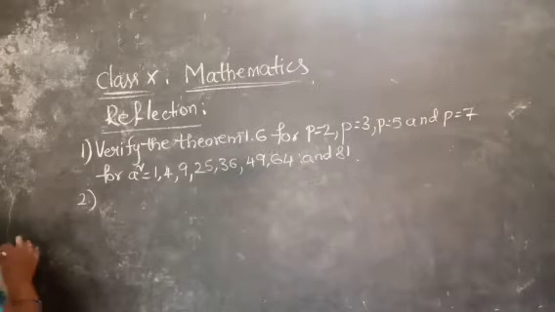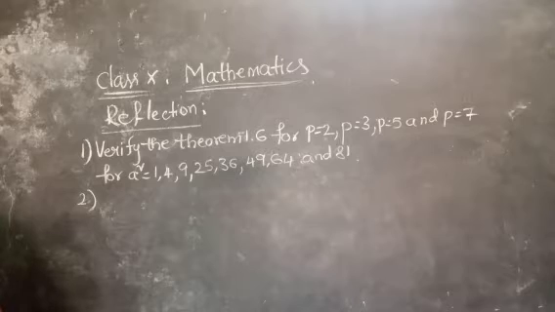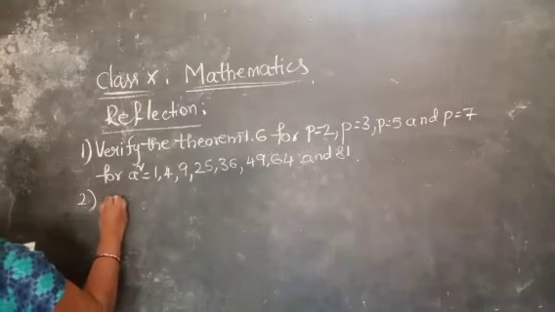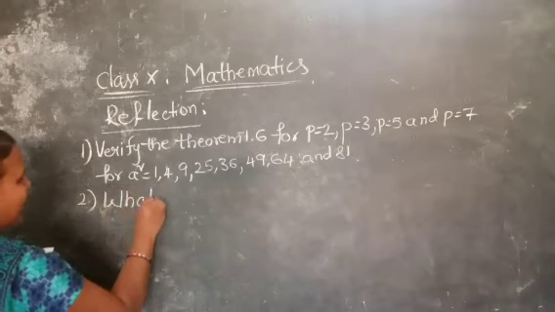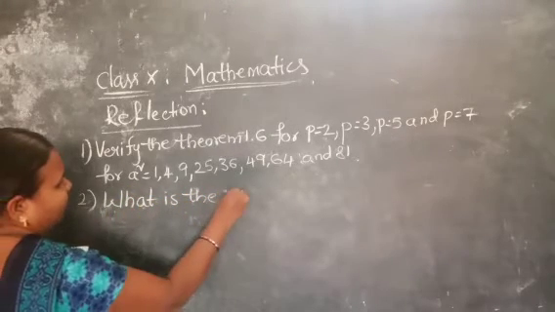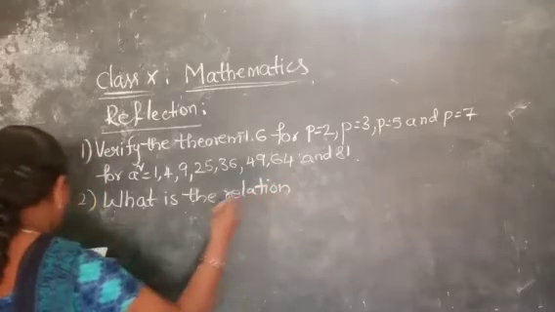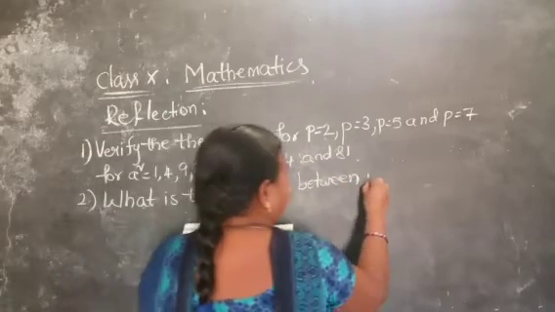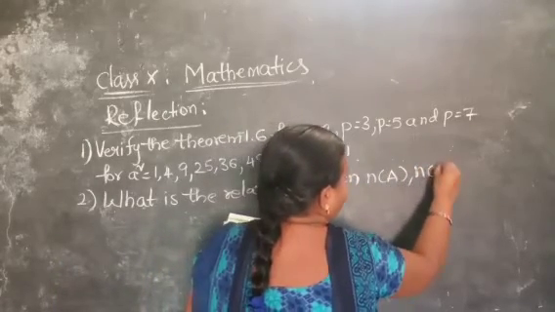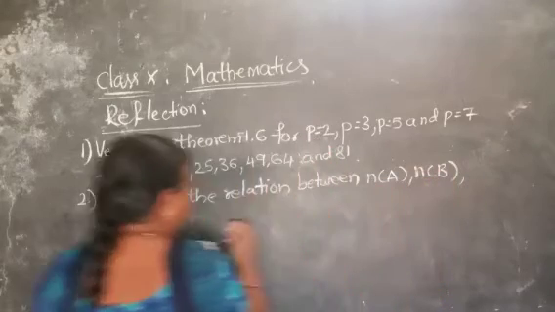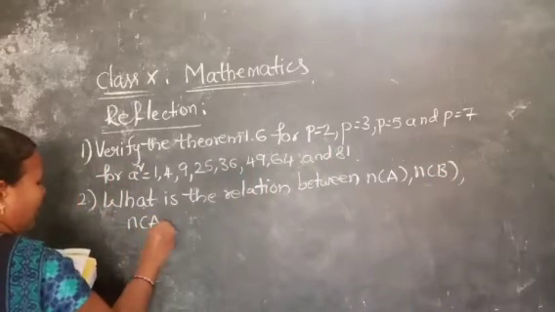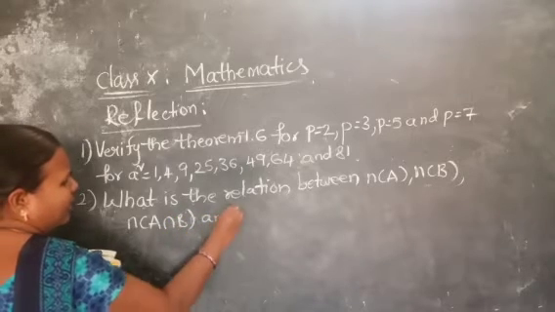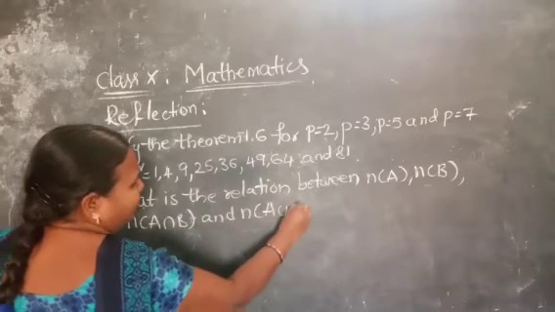Second question. What is the relation between n of A, n of B, n of A intersection B and n of A union B?